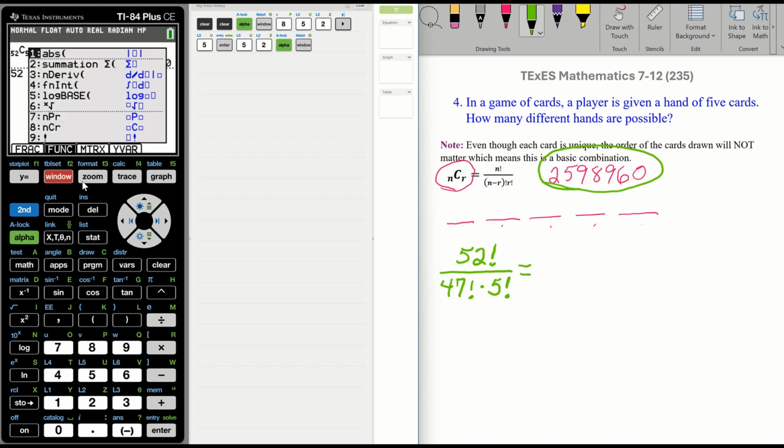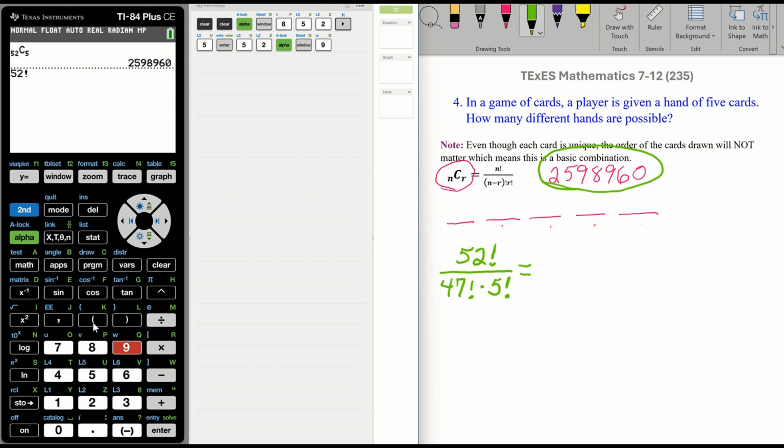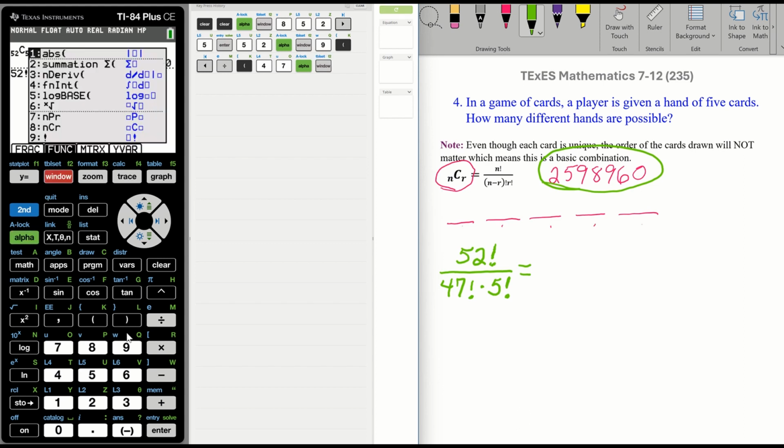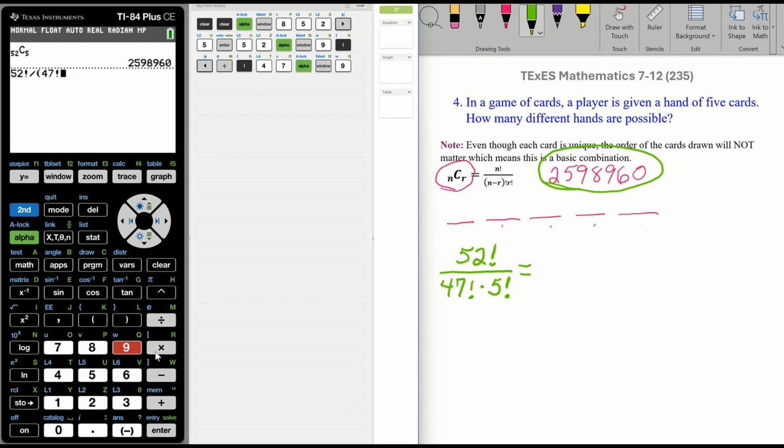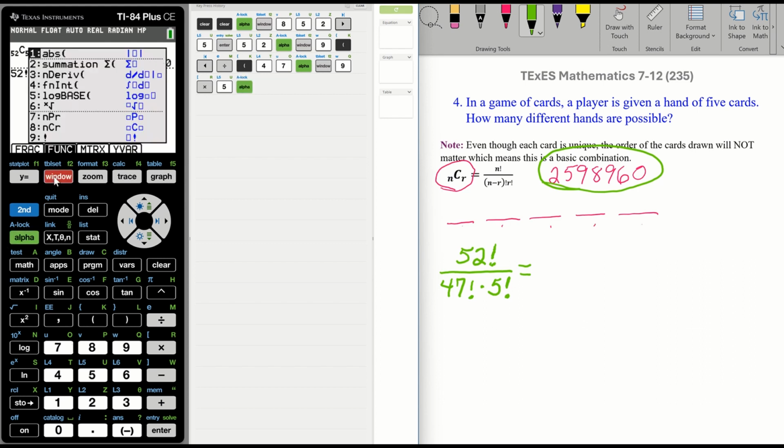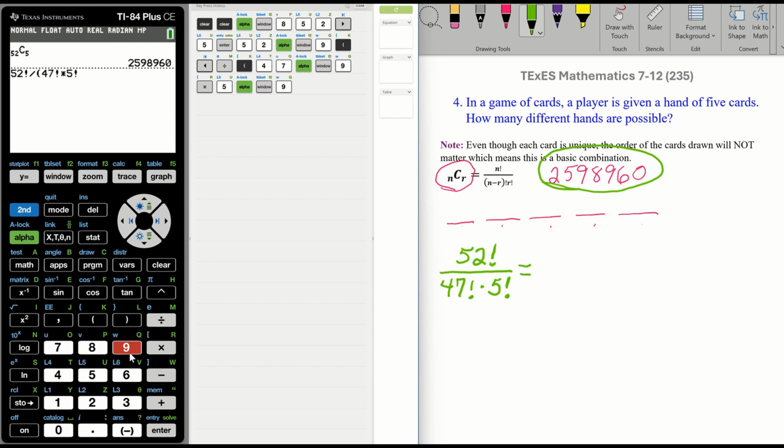Alpha, window, and 9. I'm going to divide, then parentheses, 47, alpha, window, 9. And I have to multiply after each factorial or it will give me an error. The calculator simply can't do that. So 5, alpha, window, 9, close my parentheses, press enter.